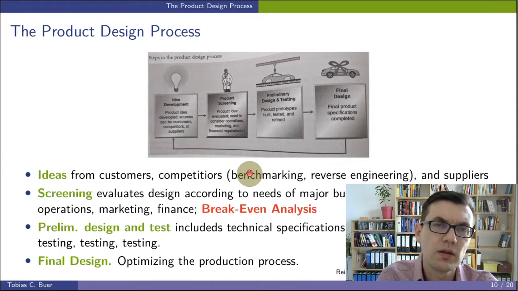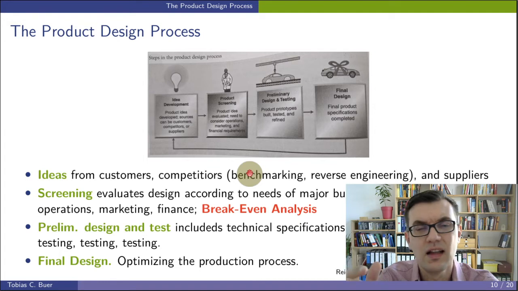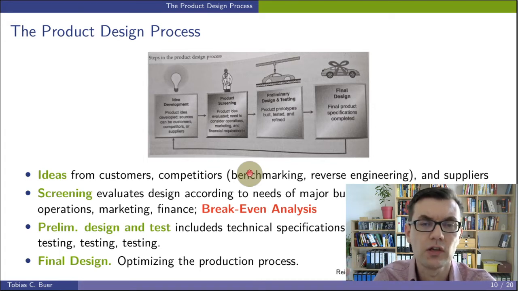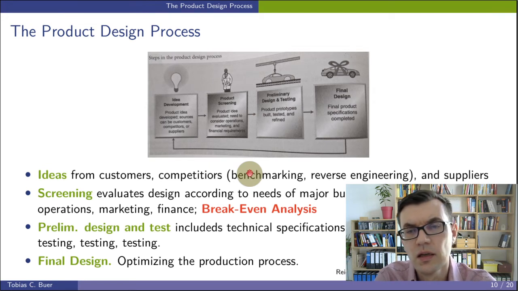Maybe these companies are direct competitors of us, or they are just leading companies under good management, and they can be a role model for us. And if something is going on very well at these companies, we try to imitate this and we compare it with our own operations and try to analyze, try to find out what do we need to do to become as good as they are.